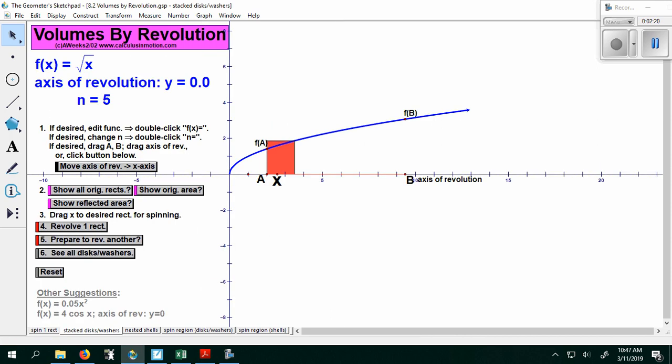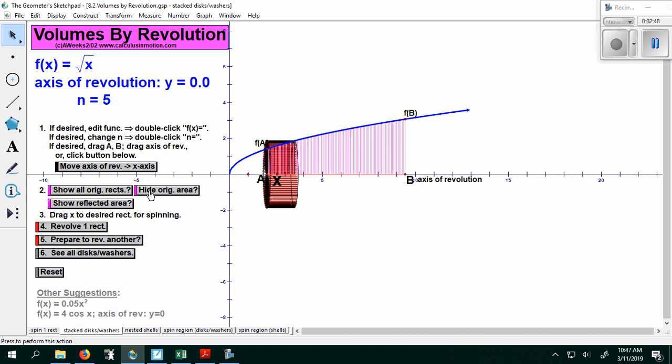All right, so here, same idea. If I want to rotate this equation, square root of x, about the x-axis, here's one rectangle. What would happen to that one rectangle? As I go around the x-axis, it forms a disk with the thickness of the rectangle.